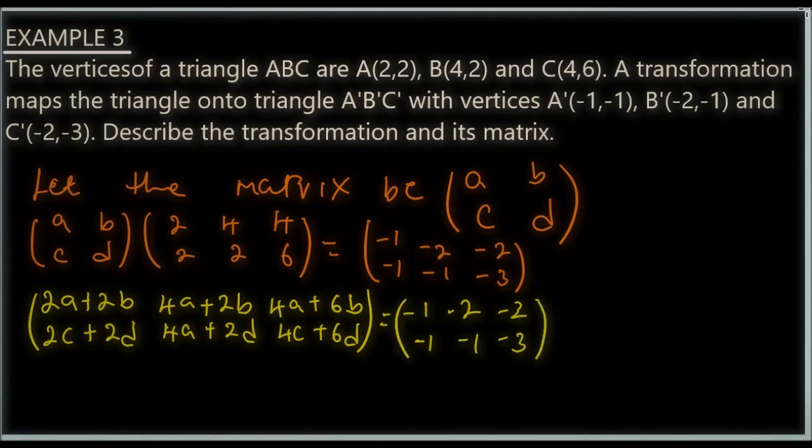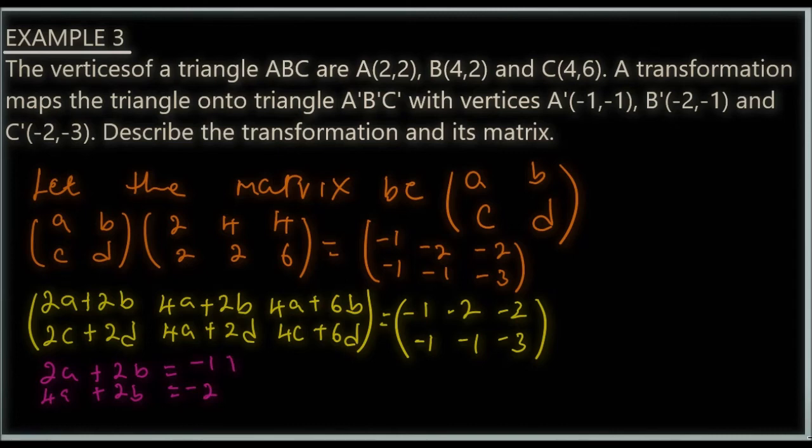So we say that if two matrices are equal, then the corresponding elements are equal. This is to say that if we have 2a plus 2b, that should be equal to -1, the corresponding element on the other side. And then we have 4a plus 2b should be equal to the corresponding element, which is -2.